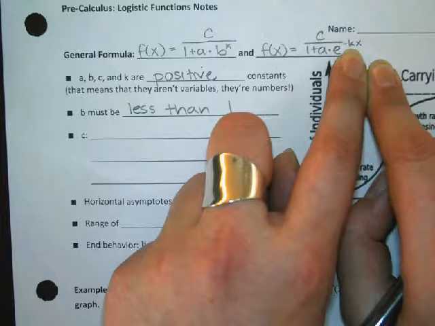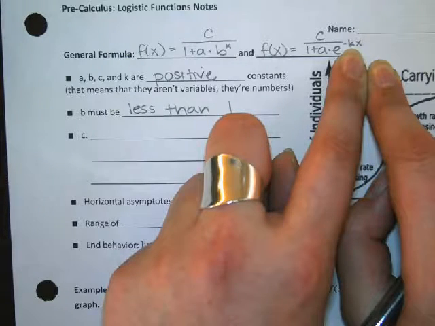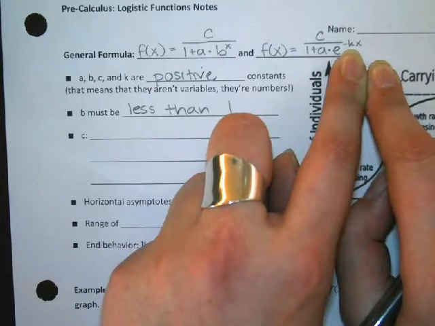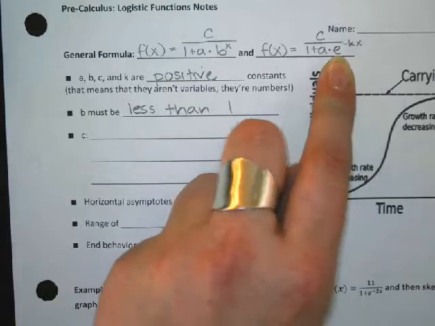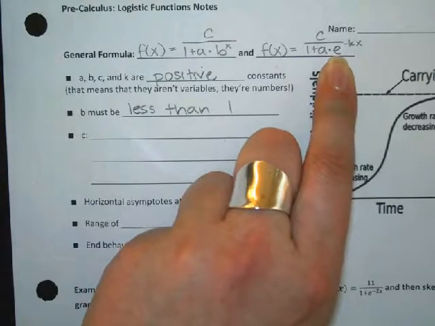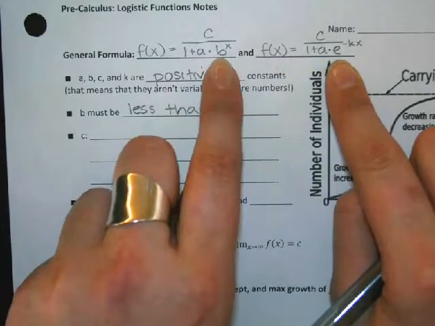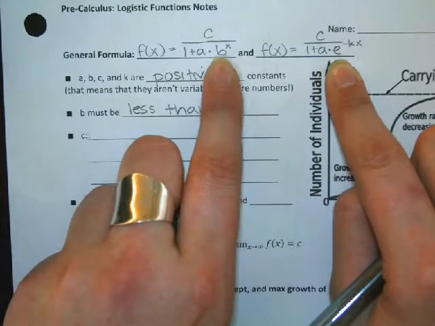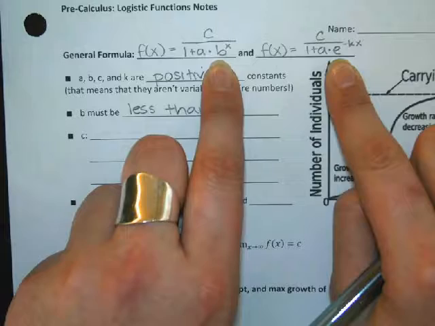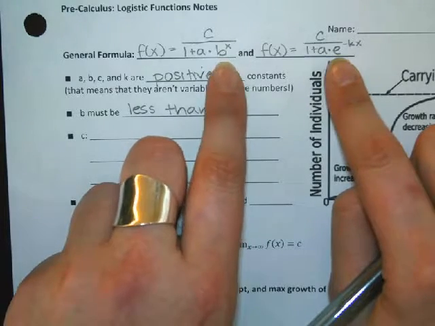What does a negative exponent do? It turns it into a fraction, right? So even though e is 2.71, when you have e to the negative k, that means you're going to have a base number for your exponent where the base is less than 1. Does that make sense? You don't have to memorize that. I'm not going to ask you a question about that, but that's why the two equations are similar.